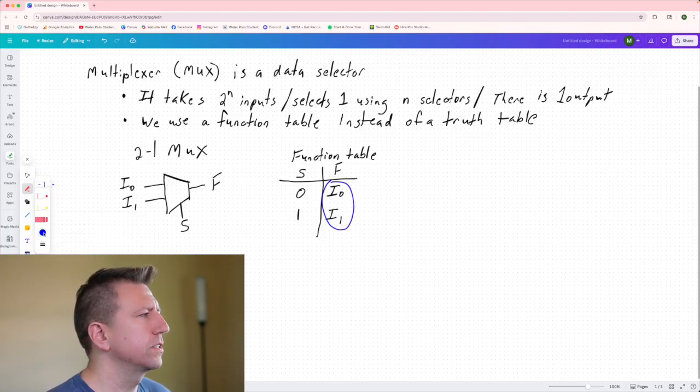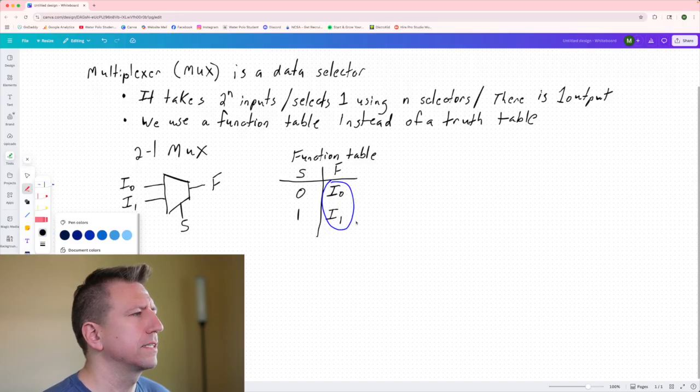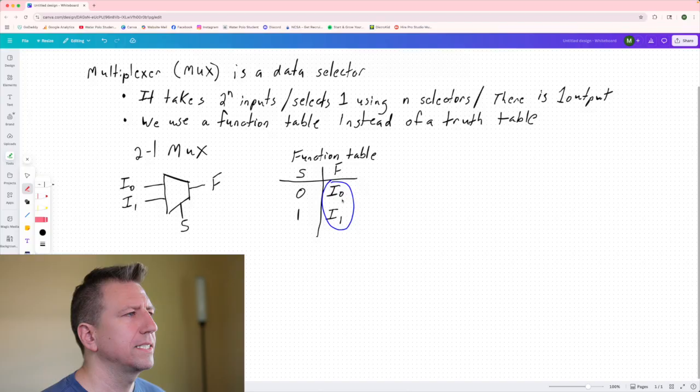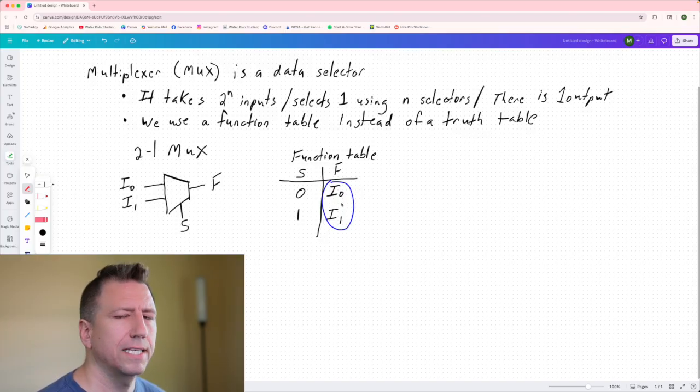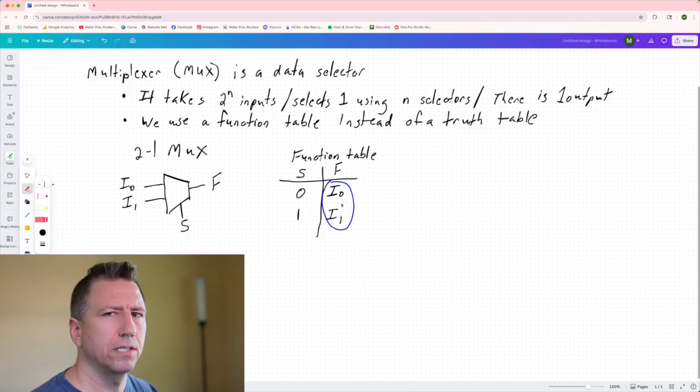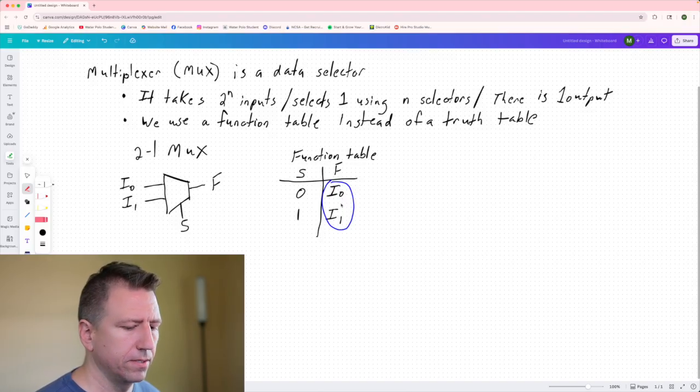And when we do the circuit, you'll see why that makes sense. But for now, just understand that we're not passing through a 1 or a 0, we're actually passing through the input. And if that input changes, then the output changes along with it. It passes right through the MUX. We're selecting which input we're passing along to the output. And so that's the basic idea.